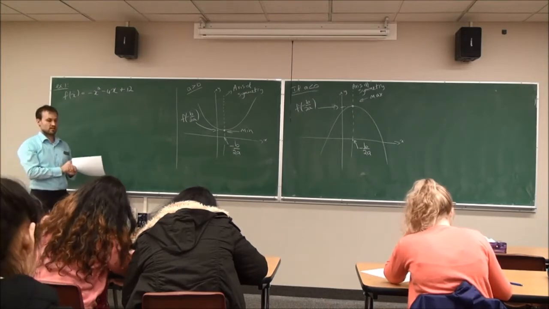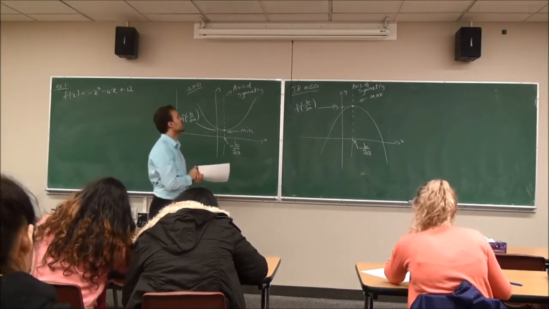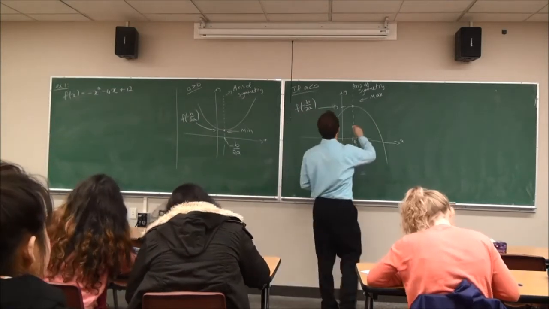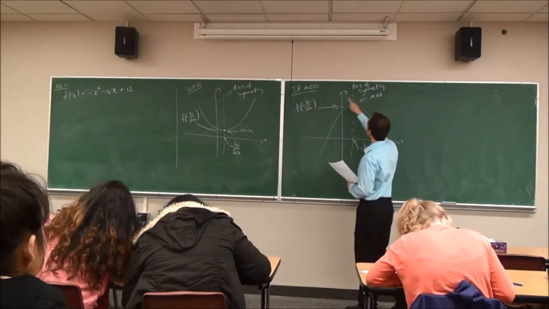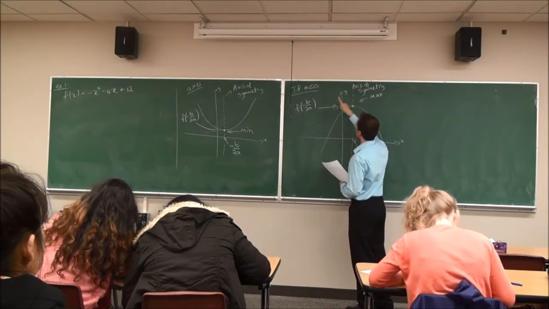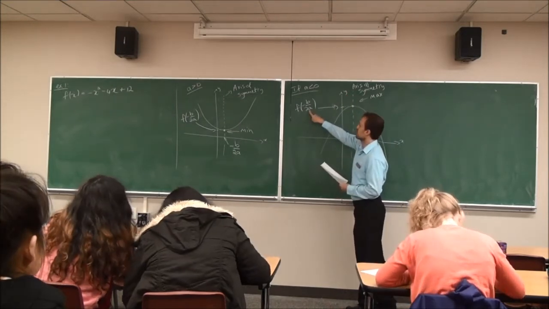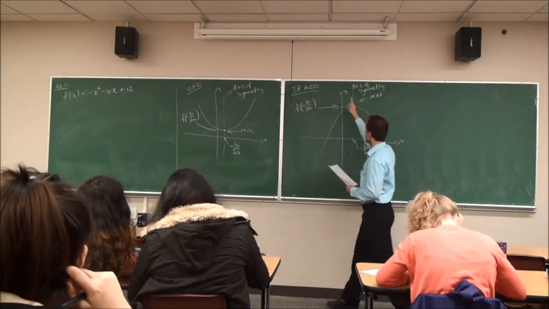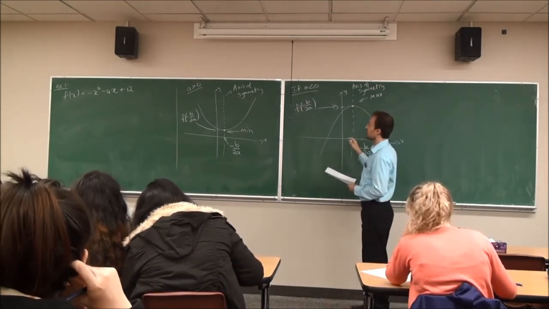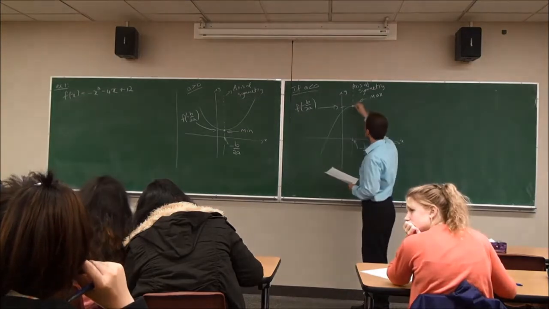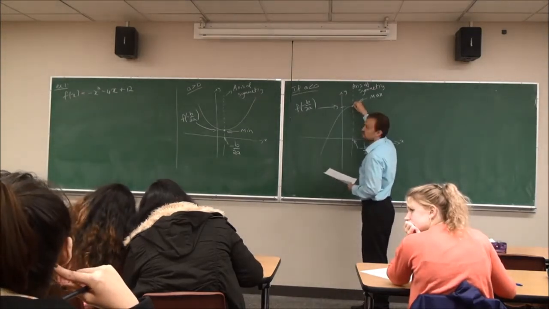Yes? What is f of x equals negative b over 2a? Is it the one on the y? Yes. This is the y value that corresponds to this x value. It is the y coordinate of this point.